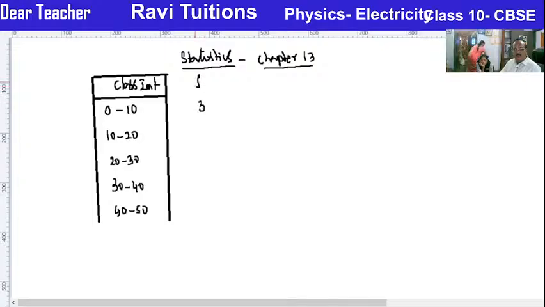This is called frequency. We use fi. Then 10 to 20 marks, there are 7 students. 20 to 30, 15 students. Again, this is 5 students, and this is 2 students. So now this is grouped data.